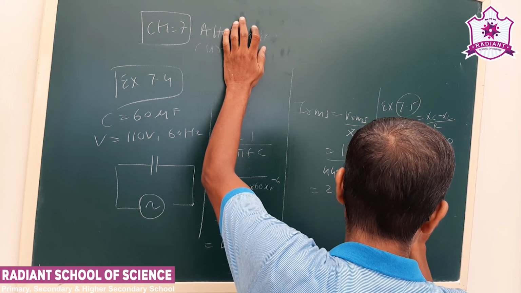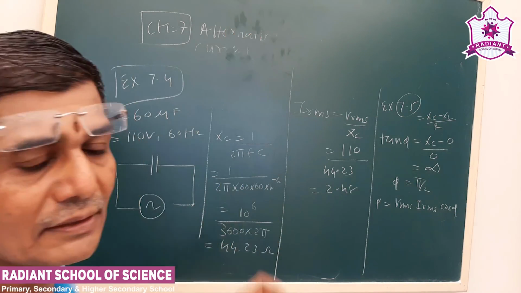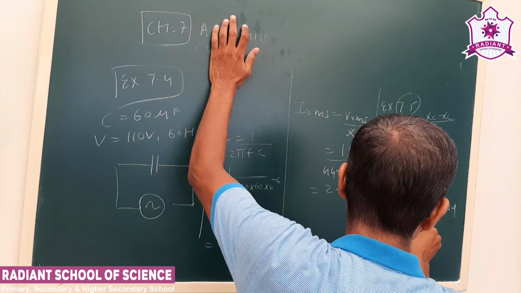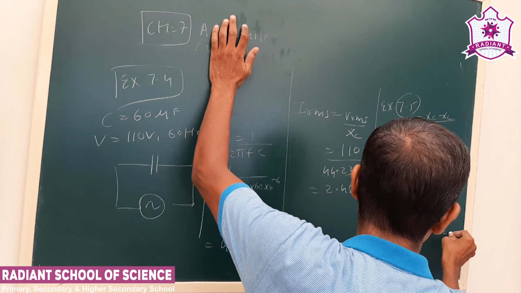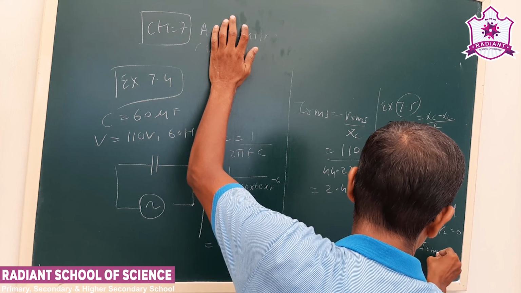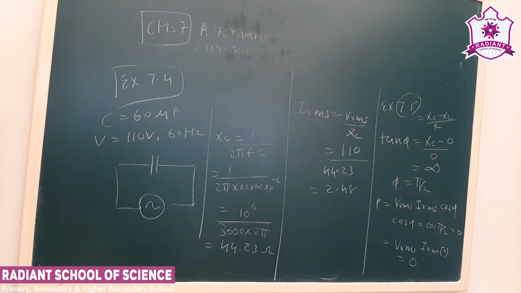Power is VRMS IRMS cos phi, the formula we know very well. So here cos pi by 2 is 0. So in the circuit with only a capacitor, the power value is 0.